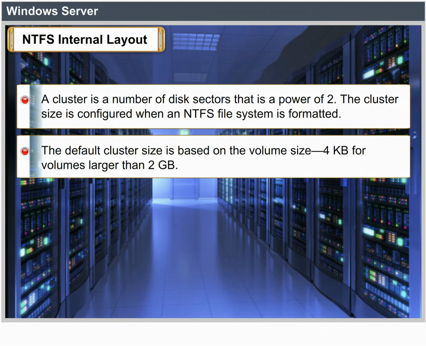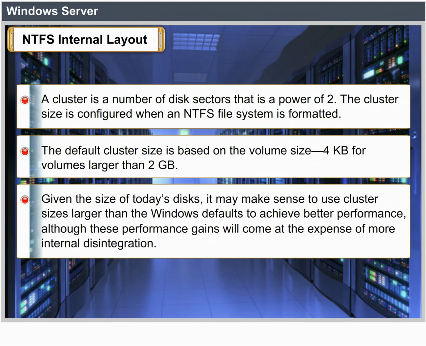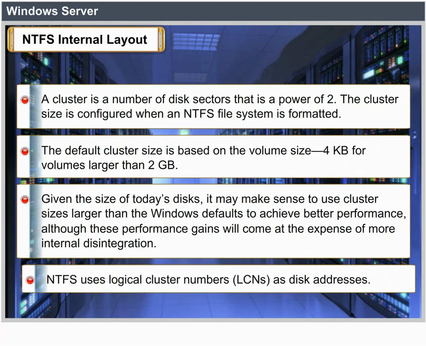The default cluster size is based on the volume size, 4 KB for volumes larger than 2 GB. Given the size of today's disks, it may make sense to use cluster sizes larger than the Windows defaults to achieve better performance, although these performance gains will come at the expense of more internal fragmentation.